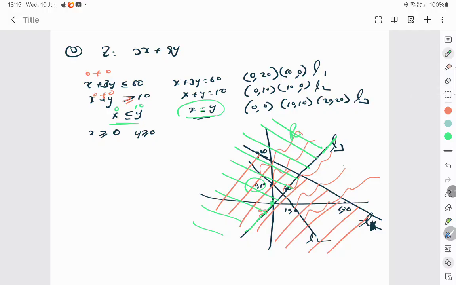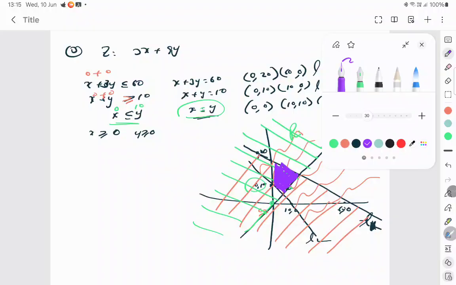So where is all the shading? It's coming in this quadrilateral, because it is below line 1, above line 2, and on the reverse side of line 3. This is the shaded portion. You have to take all the corner points.